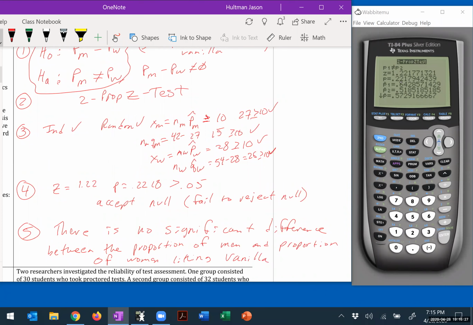Boom. Okay. There's no difference. So the tastes were not dependent upon the gender.